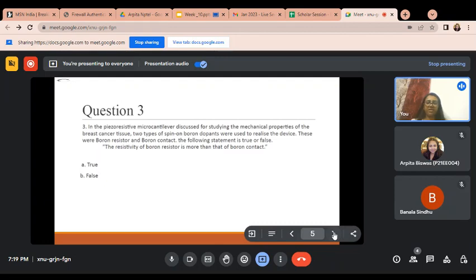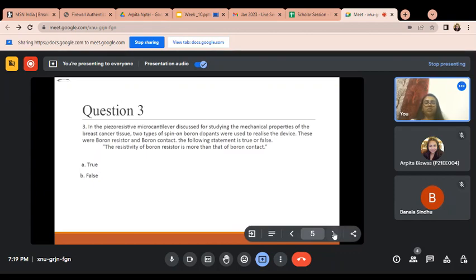The statement is the resistivity of boron resistor is more than the boron contact. Is it true or false? In the lecture video they have shown that they are using both the boron contact and boron resistor.